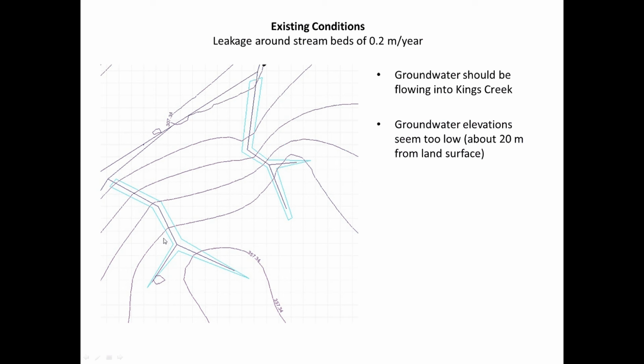So for the existing conditions, I also modeled the trees as leakage zones around the stream beds with a leakage rate of 0.2 meters per year. After establishing the existing conditions, I then tried to see what would happen if I increased the leakage due to more trees.